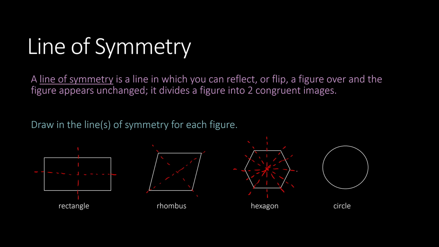Those would be all of its lines of symmetry. A circle has lines of symmetry anywhere that you draw the line, as long as it goes through the center of the circle. So a circle actually has an infinite number of lines of symmetry.